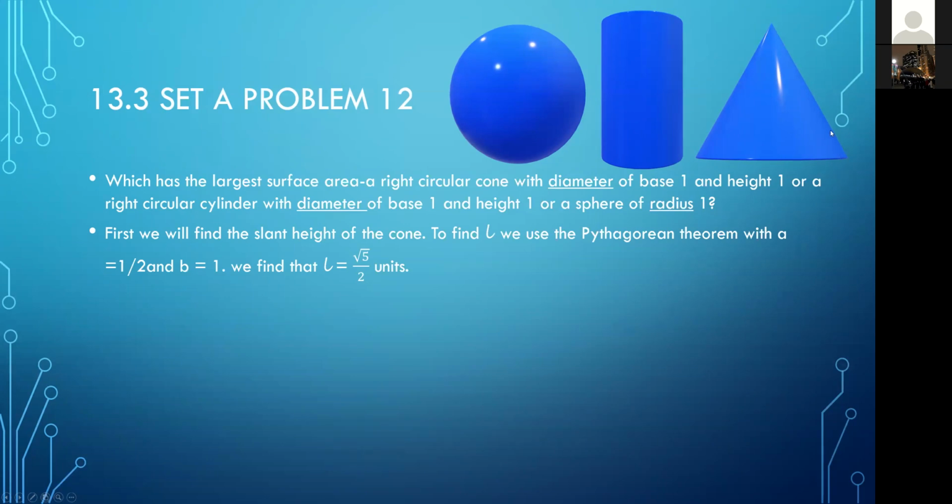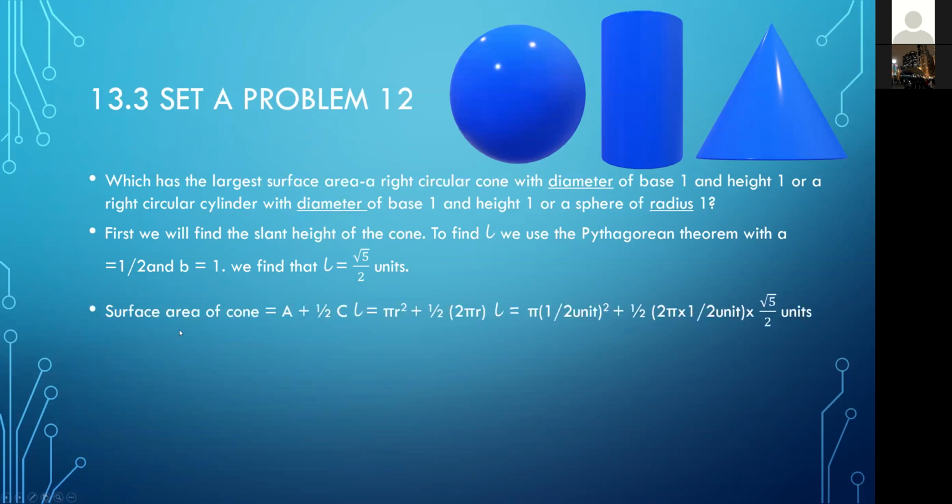So the slant height will be the hypotenuse of that right triangle. And we'll have one side of the triangle is 1/2 and the other side of the triangle is 1. So we'll do 1/2 squared plus 1 squared equals the slant height squared. And if you solve that, you should find that the slant height is the square root of 5/2.